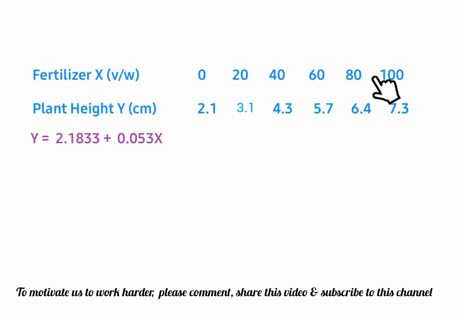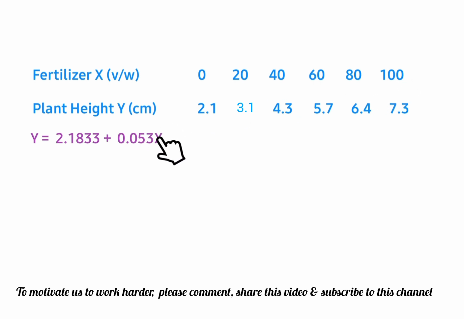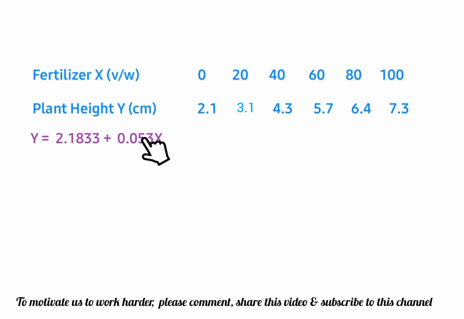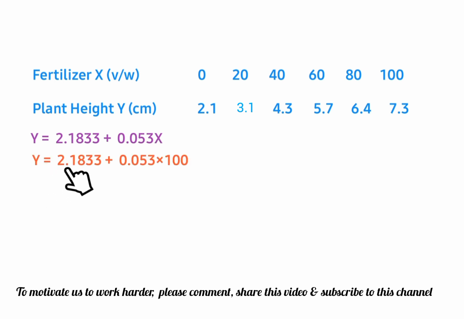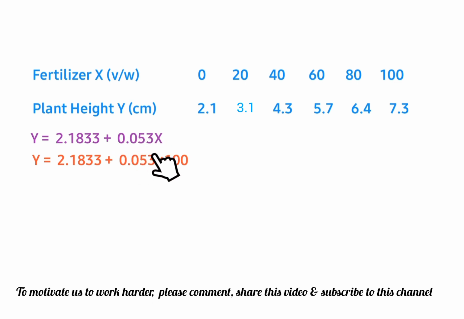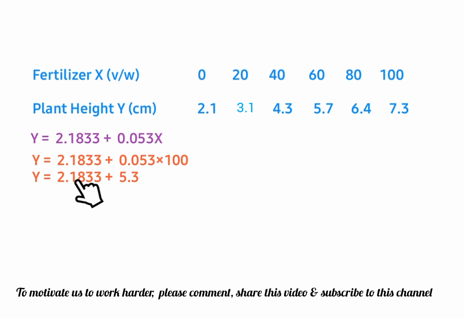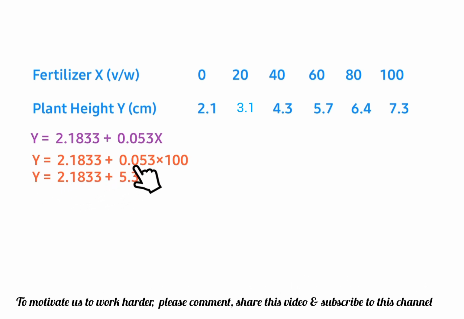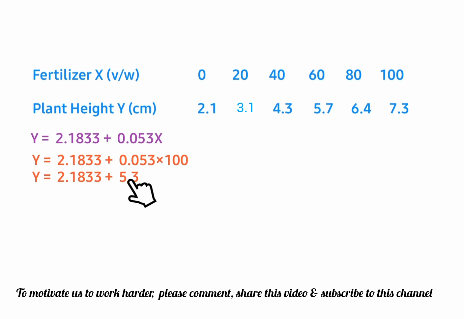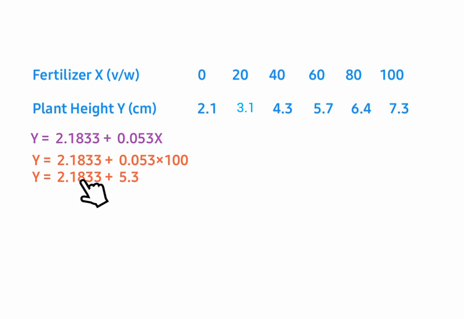Next is to take the highest value of x. In this series, we have 100 as the highest value, and we substitute it into the equation of line of best fit. y equals 2.1833 plus 0.053 times 100, which gives 5.3, and so y becomes 2.1833 plus 5.3, which gives 7.4833.